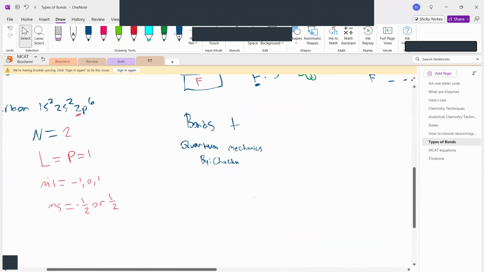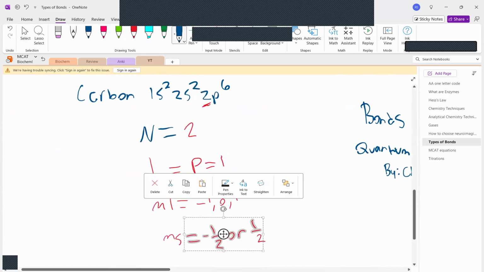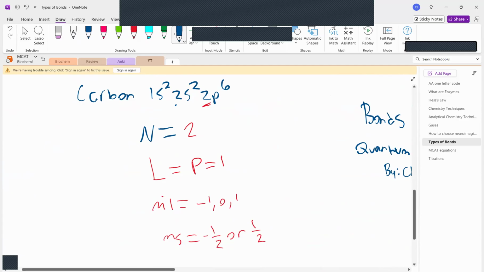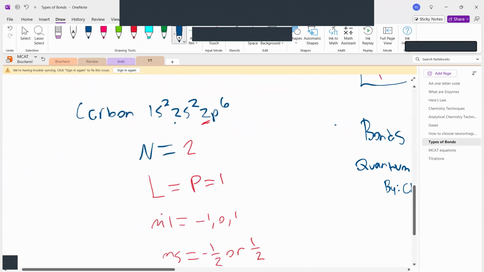An example of this is carbon. Let's talk about carbon. It's 1s2, 2s2, and then 2p2. When you look at carbon, it's in the second row of the periodic table. So 2 is its principal quantum number.